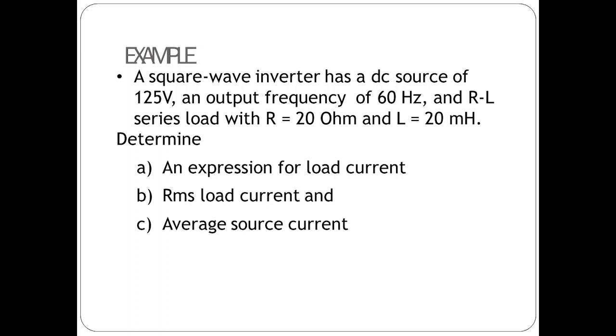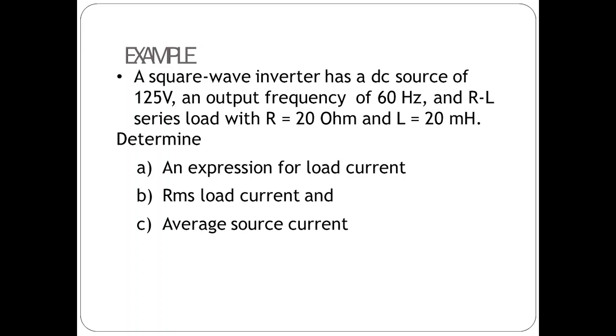All these values are given for this RL, nothing but a motor load, with R equal to 20 ohms in series with L equal to 20 millihenry. We find out the given parameters, like these performance parameters as I said, that are to be followed in this particular problem.